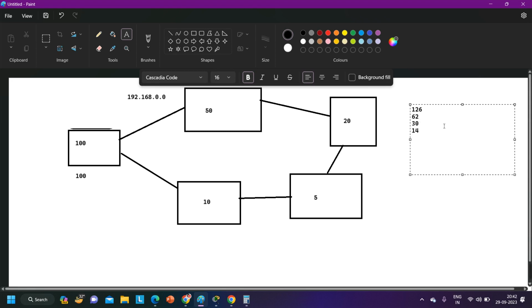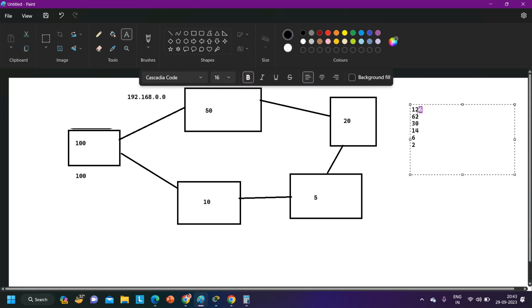If you divide into 32 parts, 6. If you divide into 64 parts, only 2 valid IP addresses. And if you divide into 128 parts, no, we can't do that.